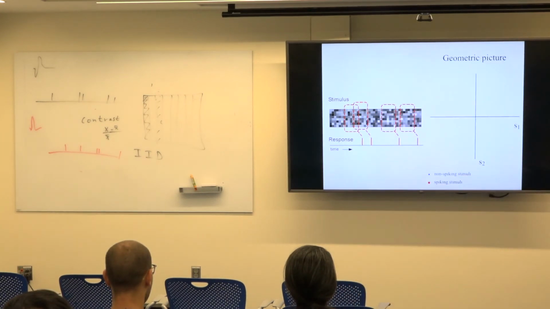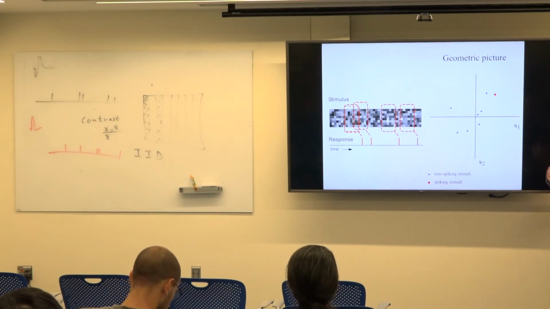So the idea is, I will take each one of those time bins and say, here's a time bin, and the neuron didn't spike. Here's another time bin, the neuron didn't spike. Here's another one, and another one. I'll color all those blue. And then here's a time bin where, oh, it did spike. I'll color that red. And I keep doing that over my entire epoch of recorded data.